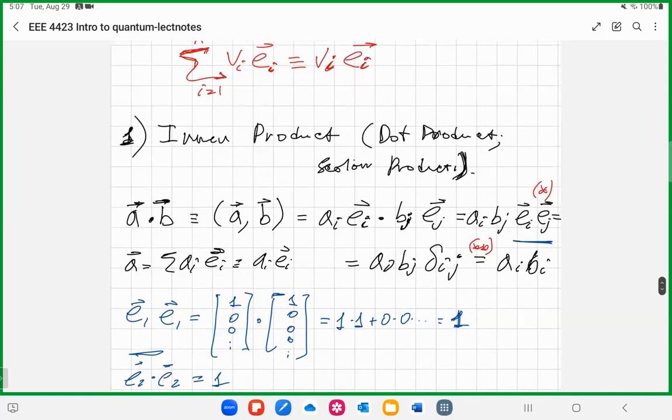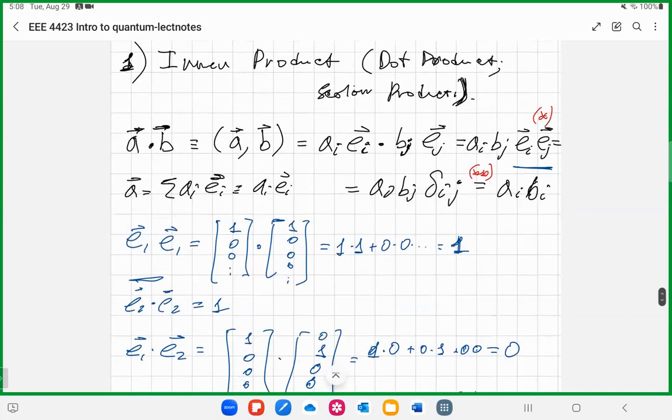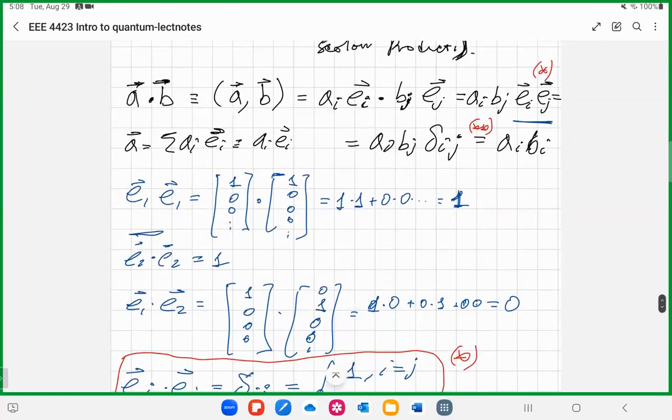And then we started discussing the different products of vectors, and we discussed, as far as I remember, the inner product, also known as dot product, and scalar product of two vectors.